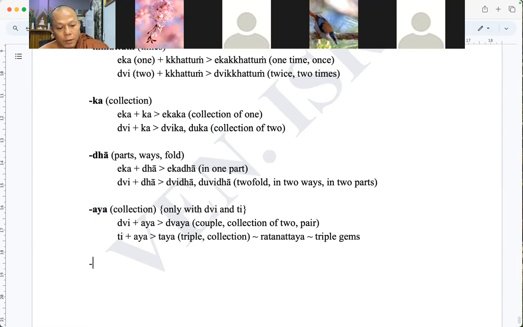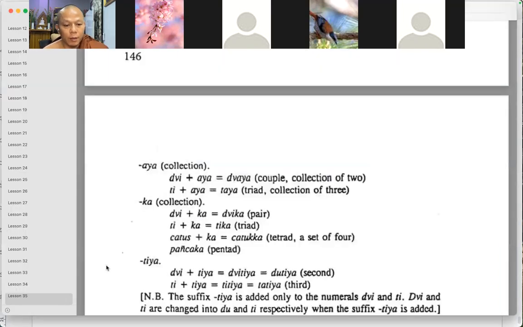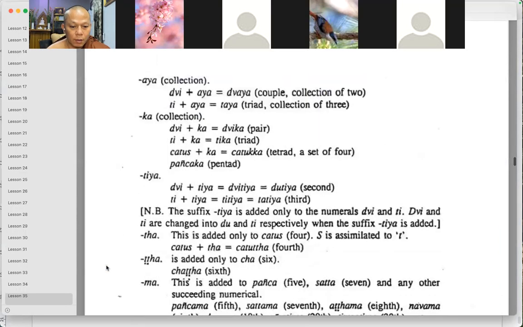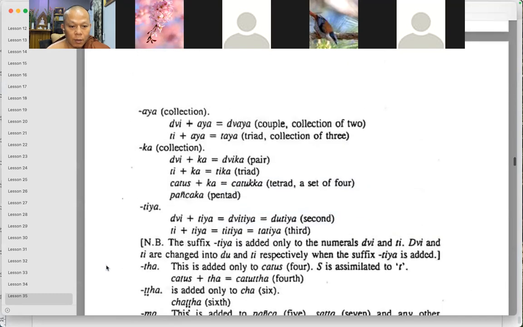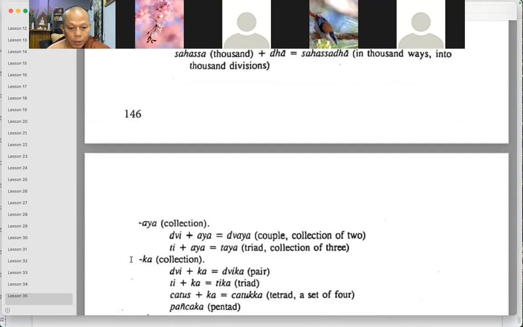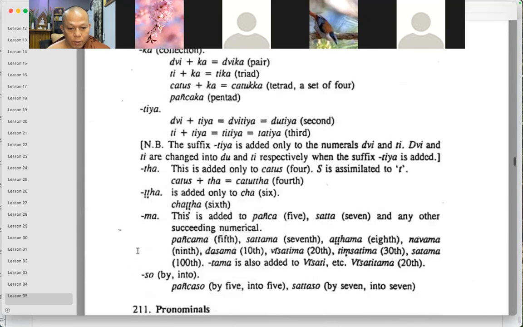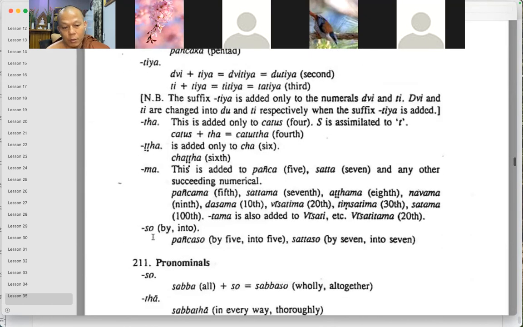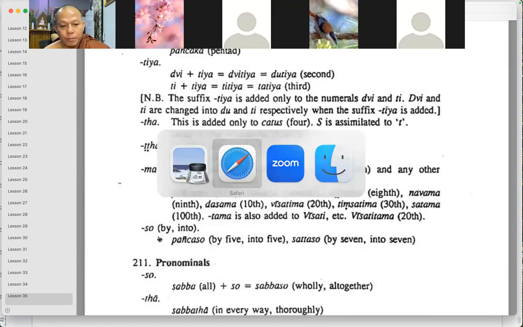And then another suffix is, okay, now dha also finished, aya also finished, ka also finished, and only the last one, so. So means by or into.